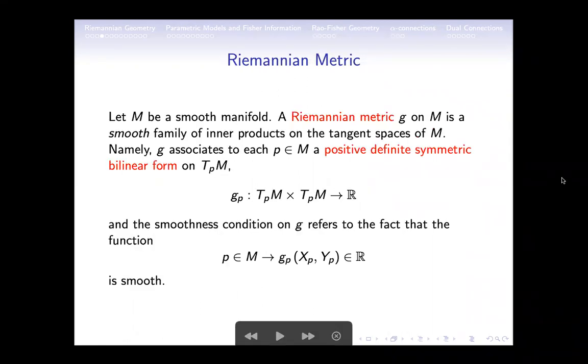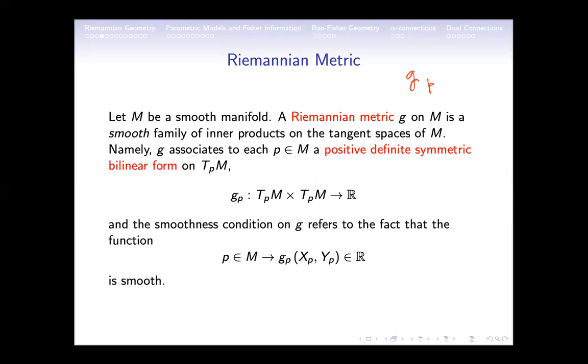Now we define the Riemannian metric, which is the first basic step toward defining an abstract Riemannian manifold. We define inner products on each tangent space. At each point in a smooth manifold, we have a tangent space, so we define g_p, which is a positive definite symmetric bilinear form at a particular point p.